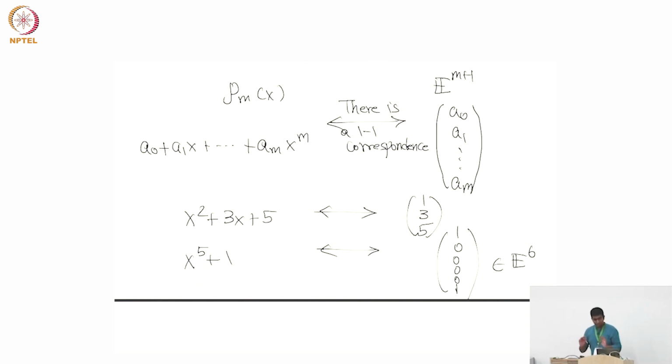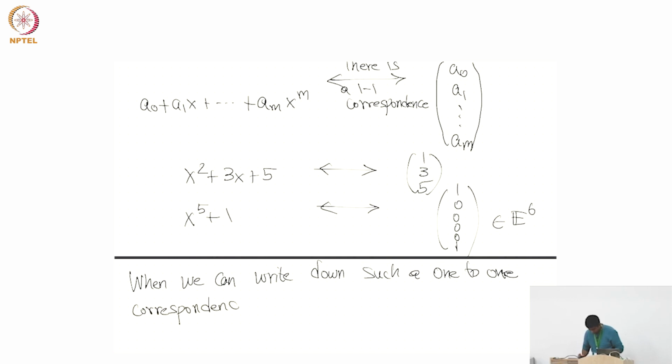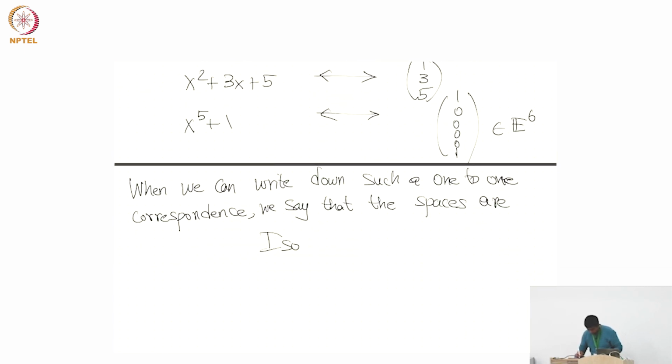So, without getting too bogged down with the details, when we can do this, when we can write down such a one-to-one correspondence, we say that the spaces are isomorphic.